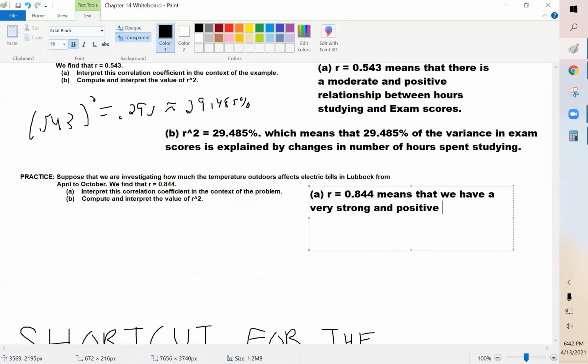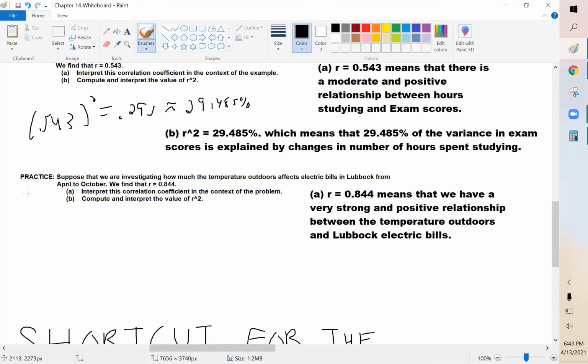Now, if that R was negative, yeah, positive relationship between the temperature outdoors and Lubbock electric bills. Oh, not Brill's bills.